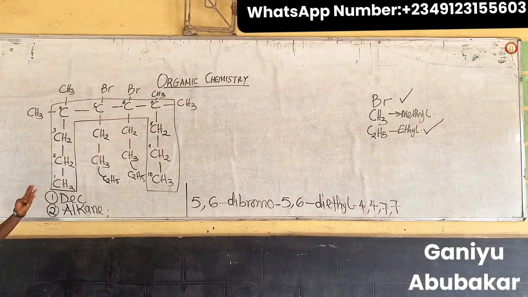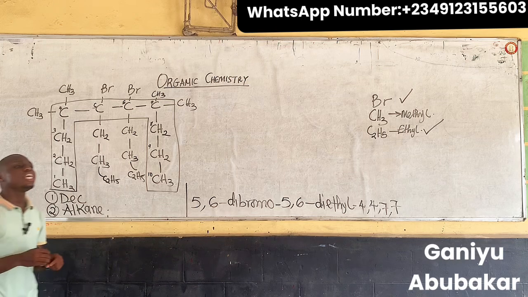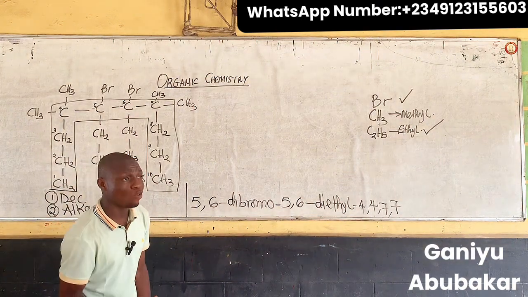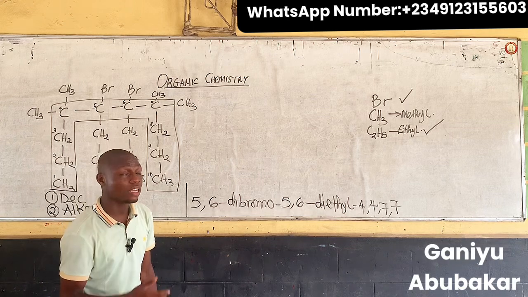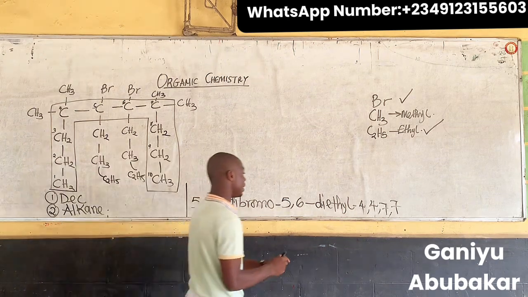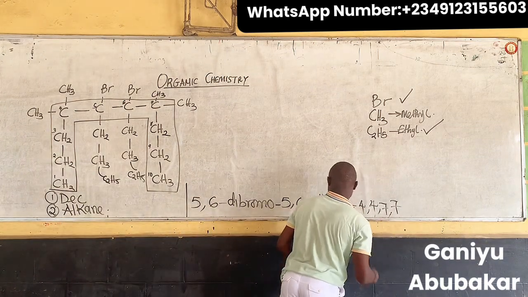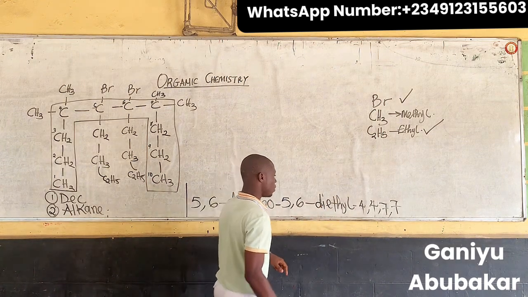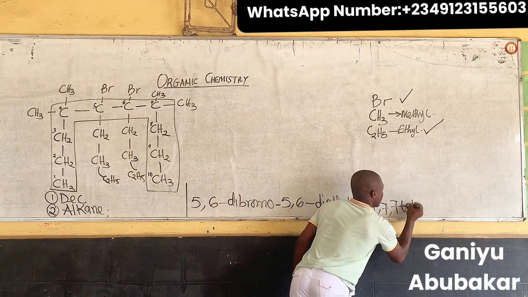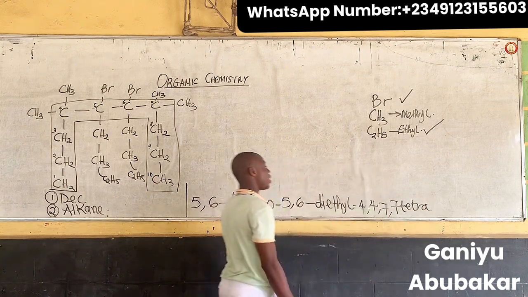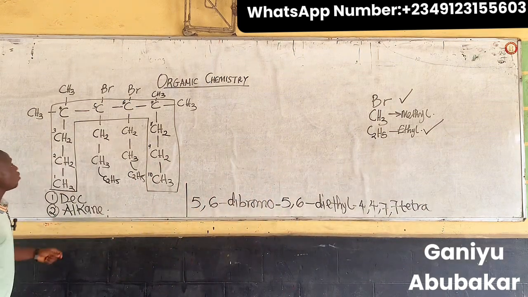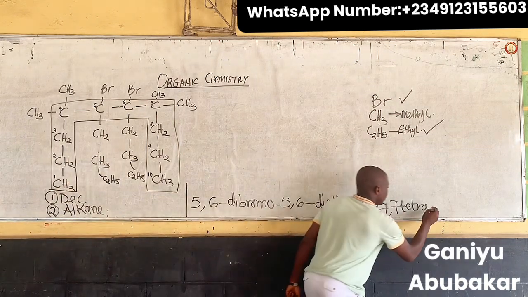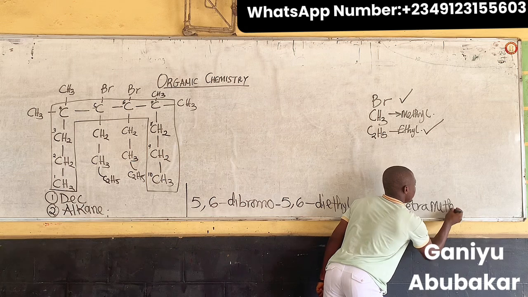Now I have 4 methyl. If 2 is dimethyl, 3 is trimethyl, 4 is a tetra what there? Methyl. That becomes tetra, that's 4, tetramethyl.